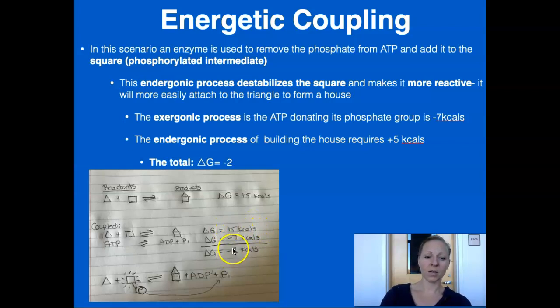And so here we are still at delta G equals negative 2. We have extra energy left over. So here it is delta G negative 7, because in the system of ATP there are 7 kilocalories leaving that molecule, being donated exergonically to build this house.